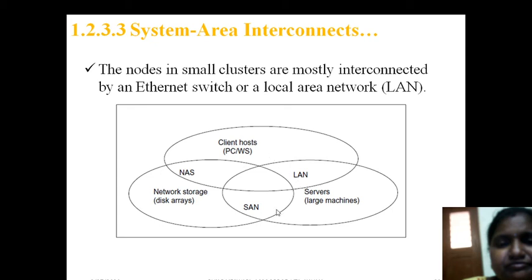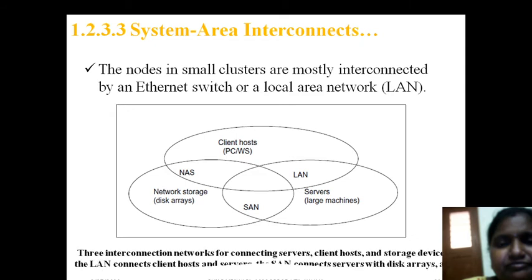The storage area networks are used to connect network storages and servers. The NAS, network attached storage, helps to make data available to clients. So they are connecting different types of networks. Technologies are required to connect different types of systems.